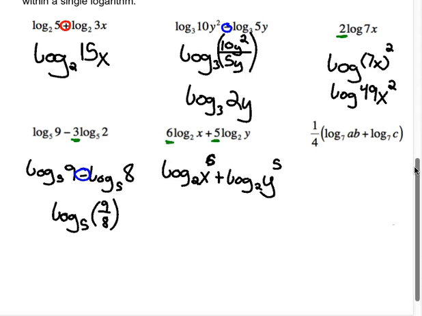So I bring up both of those multipliers as powers. And next, now I see that addition. Addition relates to multiplication. So that gives me x to the 6th times y to the 5th. And there is my completely condensed logarithm.